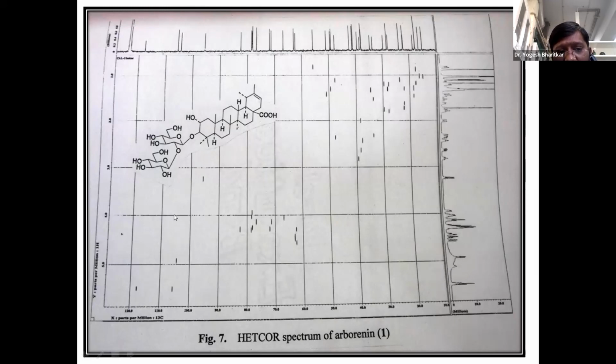Likewise, another anomeric carbon and proton we can identify by this signal correlating with this signal, so this is the second anomeric proton. Likewise, we assign all carbons and protons with the help of HSQC, and then we have to correlate them.